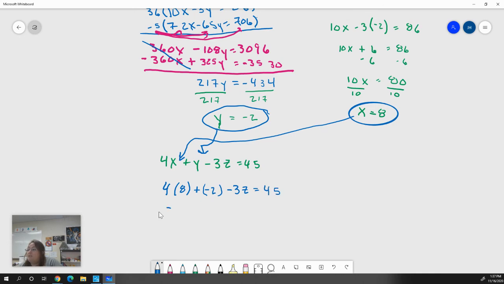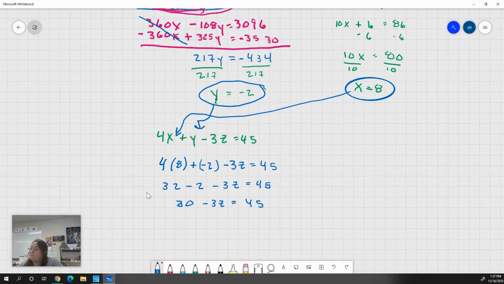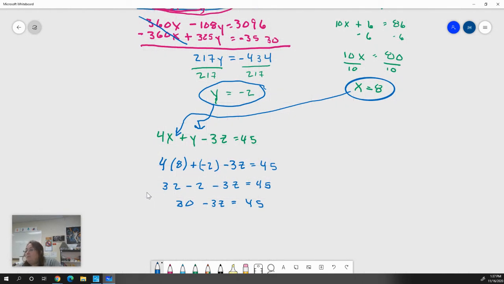4 times 8 is 32, minus 2 minus 3z equals 45. We can combine our like terms. 32 minus 2 is just 30, minus 3z equals 45. We're going to go ahead and start undoing what's being done to that z value.